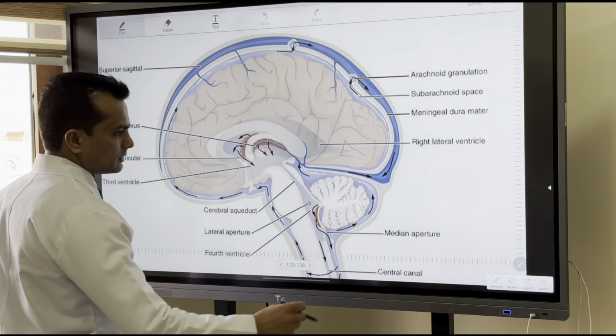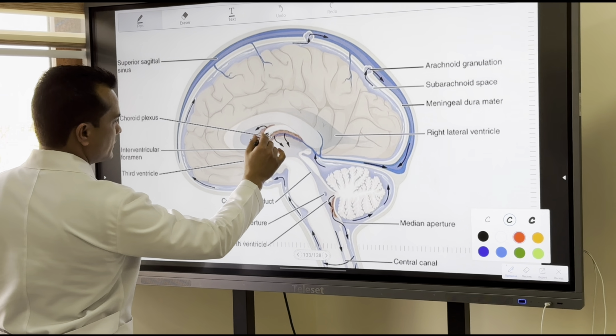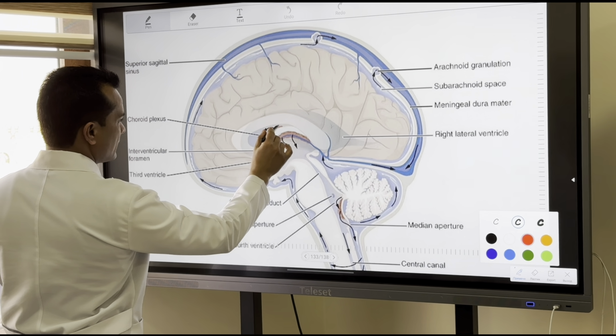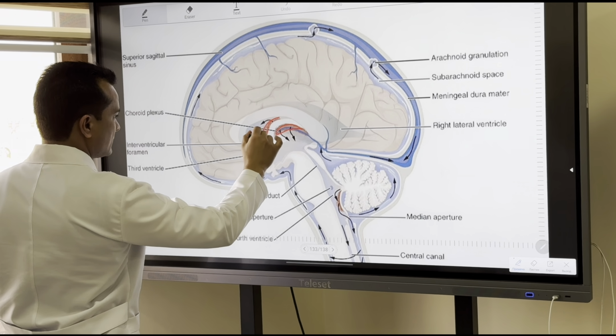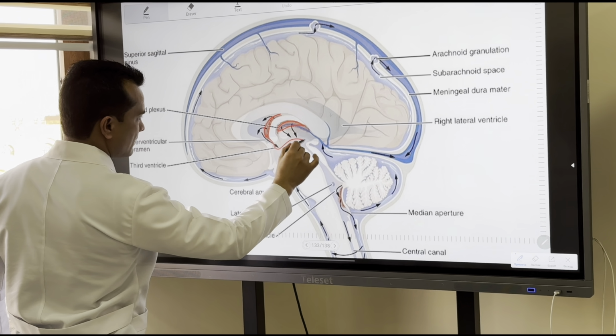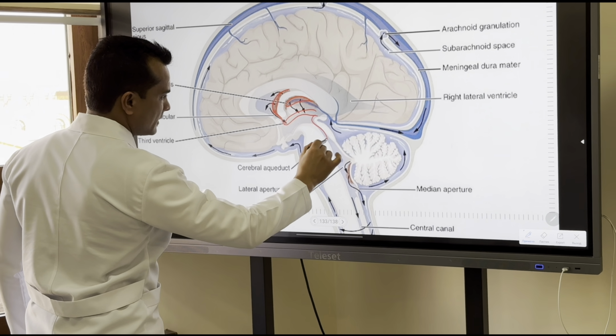So here you can see what we have discussed. This is your lateral ventricle, and this is the choroid plexus. Then CSF comes to your third ventricle through the foramen of Monro, and then through the aqueduct of Sylvius.